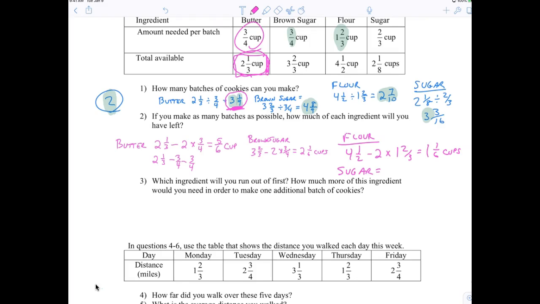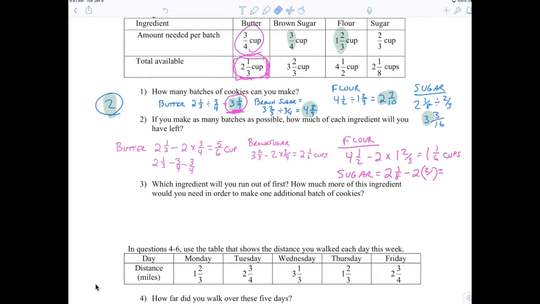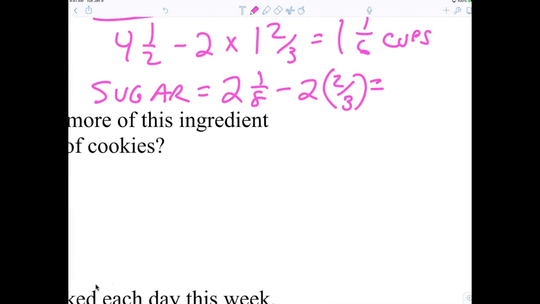Marin, go. Loud and proud. 19 over 24 cups left.